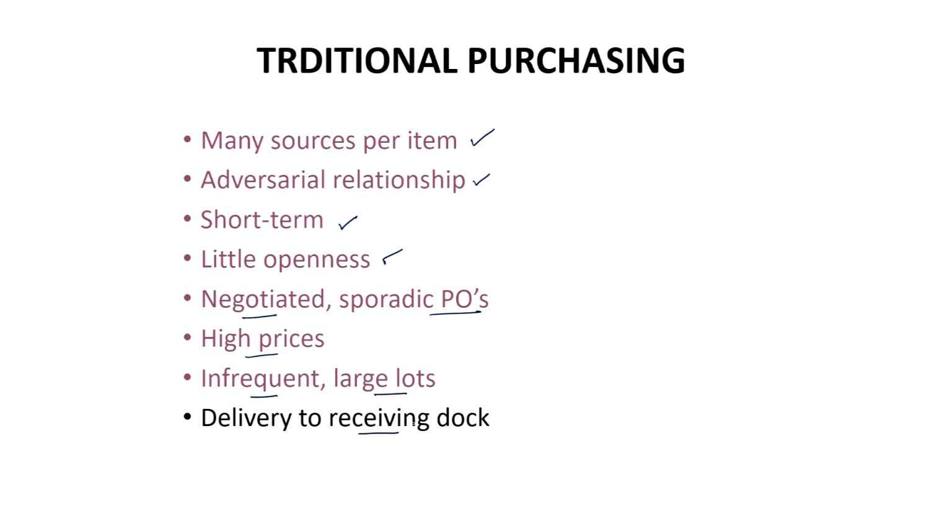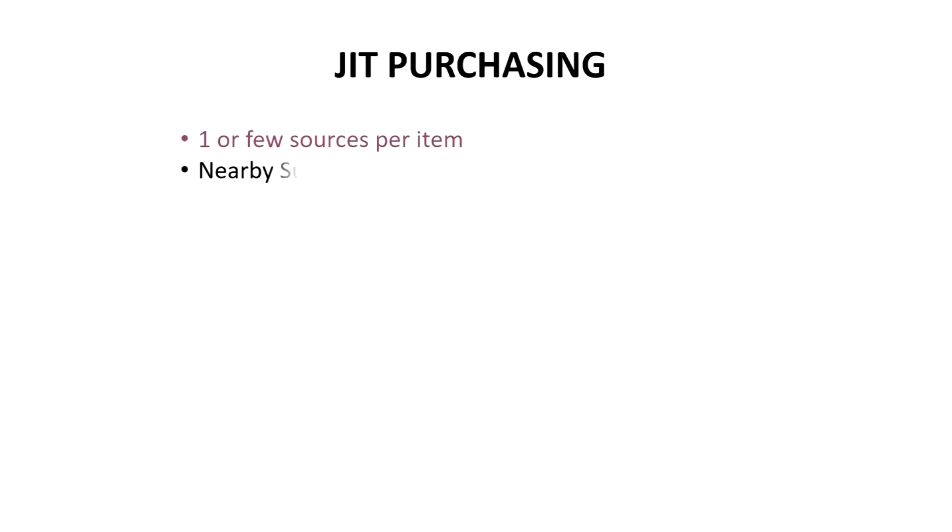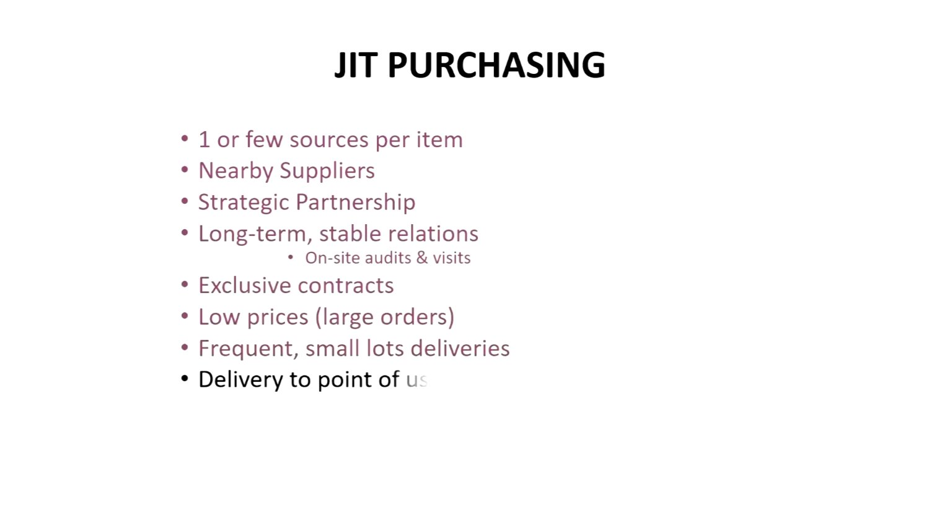Whereas, in JIT purchasing, we have only one or two suppliers, maximum two for a particular item, and these suppliers are nearby, so that you can get multiple deliveries in a day, and there is a strategic partnership between the buyer and the seller.